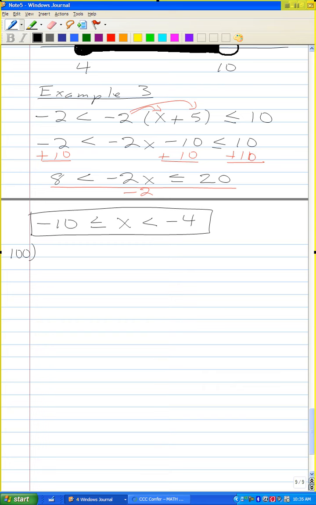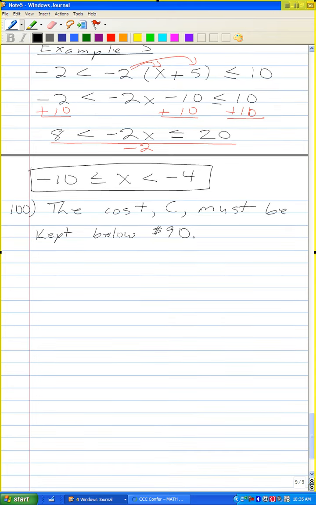And so the cost, C, must be kept below $90. And so I have to have that the cost is below $90. And that is your answer.